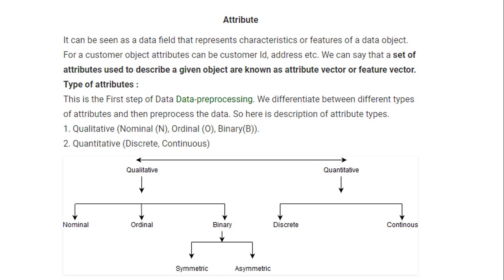For example, the attribute customer ID is countably infinite. The number of customers can grow to infinity, but the values can be put in one-to-one correspondence with the set of integers, like zip codes, which is another example.